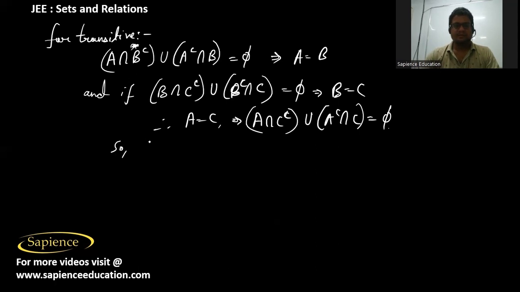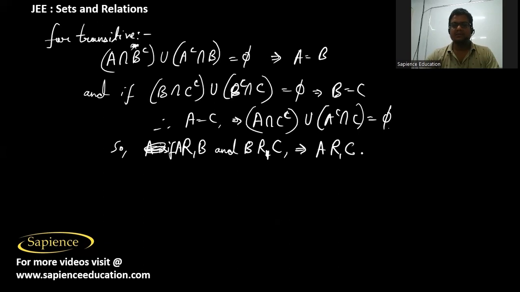So it means that if A is related to B under the relation R1 and B is related to C under the relation R1, then this implies that A is also related to C under the relation R1.